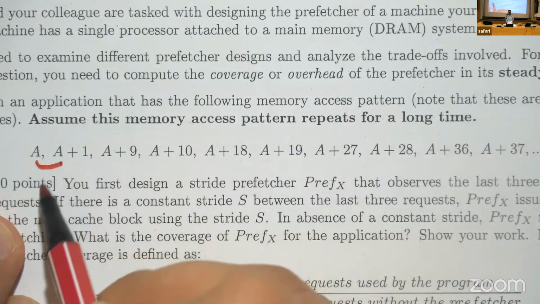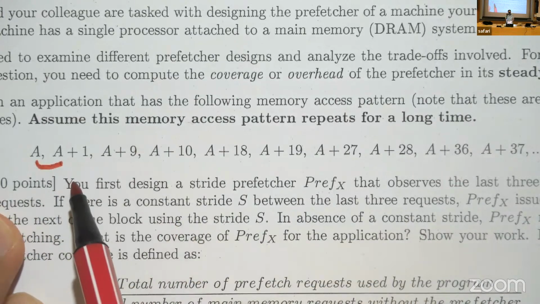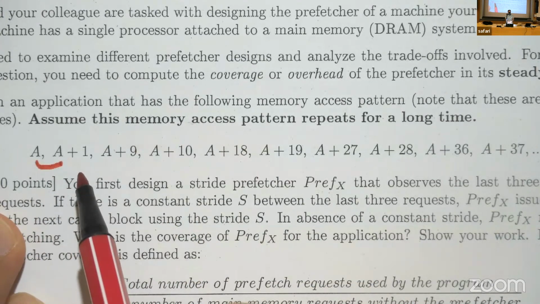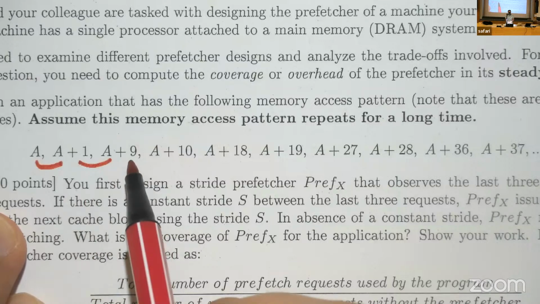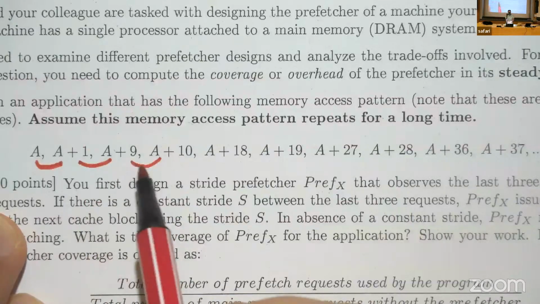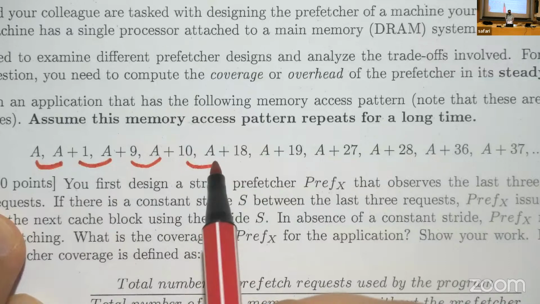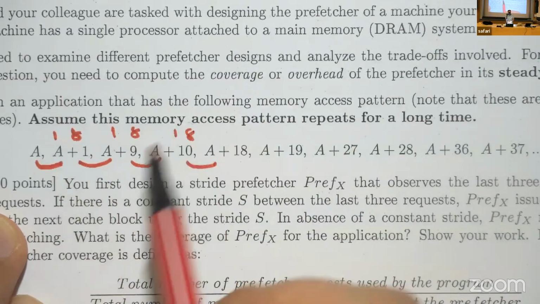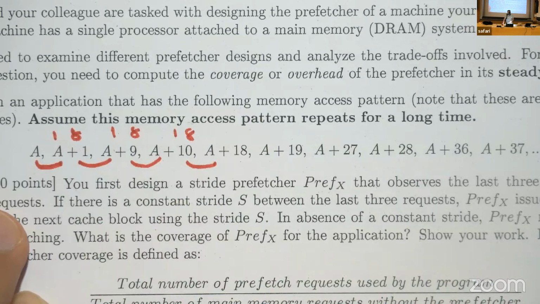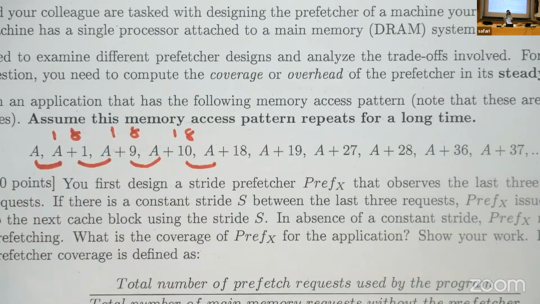Then you immediately after that access the very next cache line, A plus 1. And then you jump by 8 cache lines and access A plus 9. And then you do again a stride of 1 and a stride of 8. So it goes like 1, 8, 1, 8, 1, 8. So we already know this access pattern.